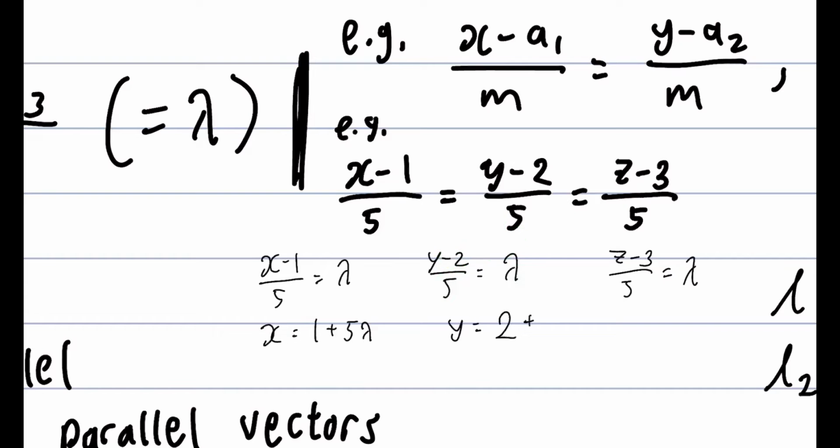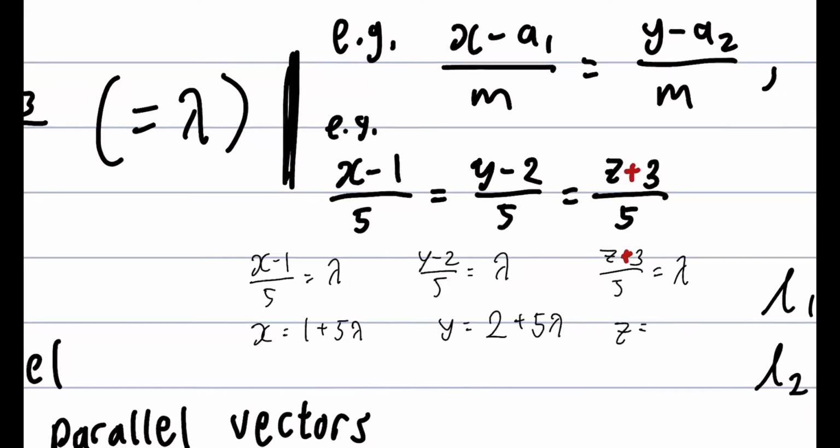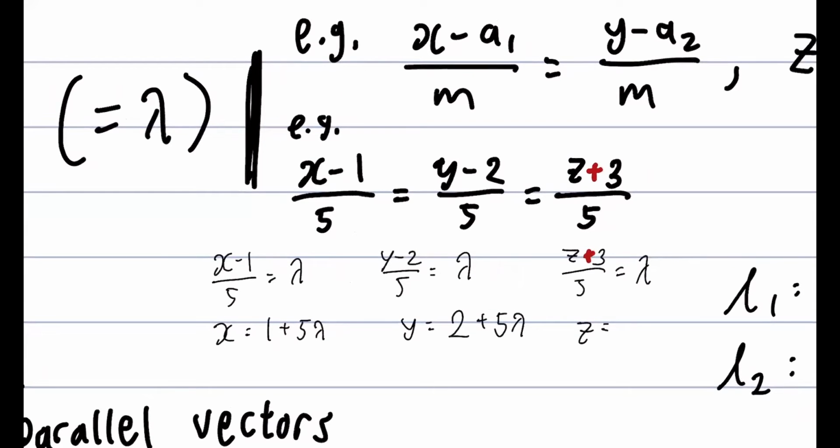So 2 plus 5 lambda. If I make your life difficult and I change this into a plus 3, what would Z be? Z equals minus 3 plus 5 lambda. Very good.